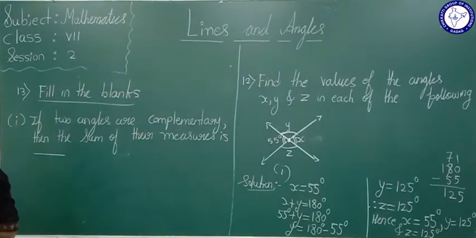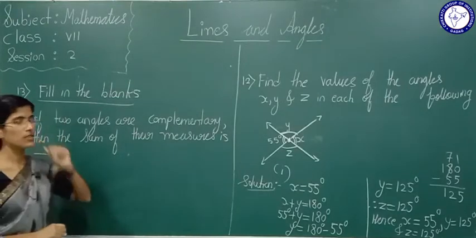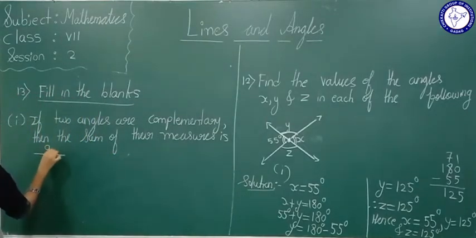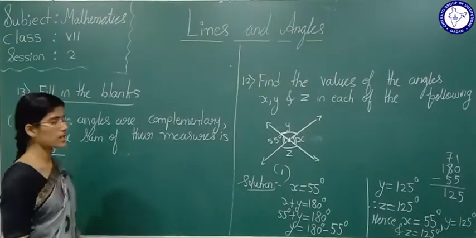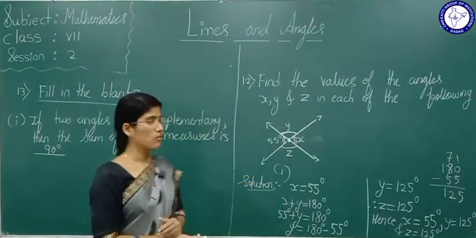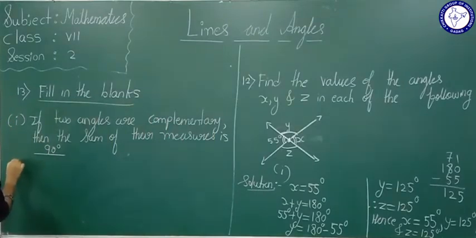Now see students, if two angles are complementary, then the sum of their measure is what? Definitely it will be 90 degrees. Yes or no? Two angles are called complementary angles if the sum of the measure is 90 degrees.